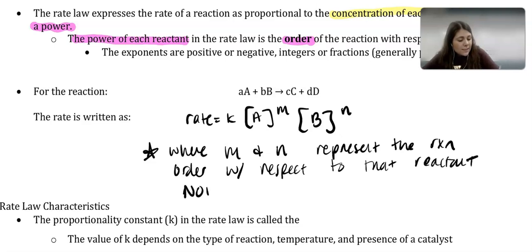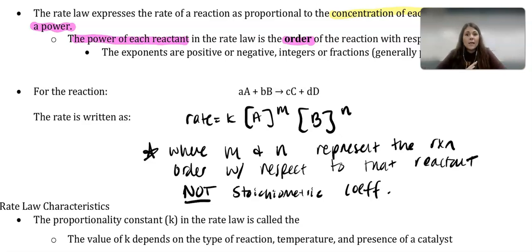Please note, this is not the stoichiometric coefficient. We will get more into why in the next couple of lessons, but it's not always the case that it will be raised to that coefficient.